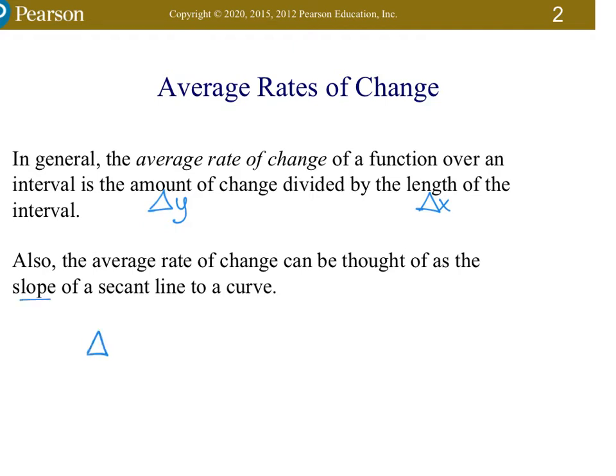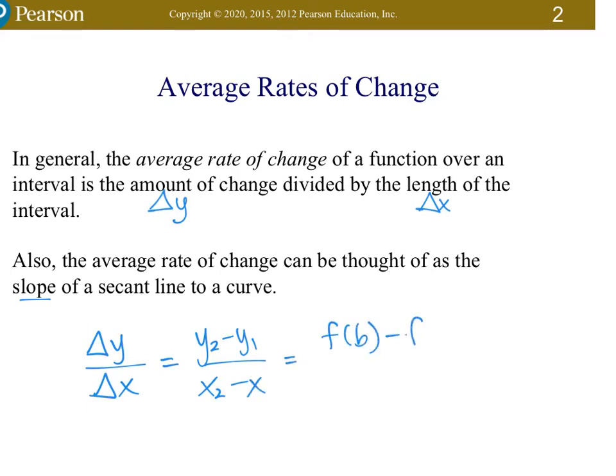So this is delta y over delta x, or we know it as y2 minus y1 over x2 minus x1, or we know it as f of b minus f of a over b minus a. So all of those things are equivalent, and this is defined as the average rate of change between two endpoints on an interval, from one endpoint to the other. So just so that you know that it's a definition of average.